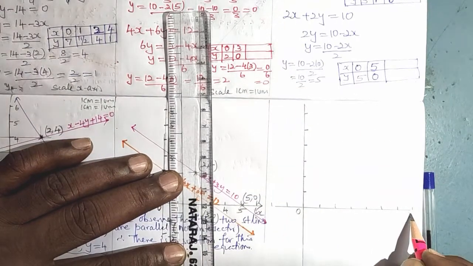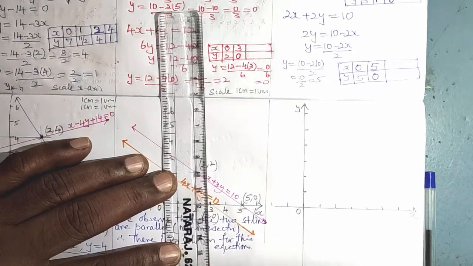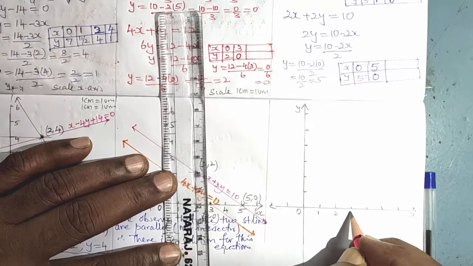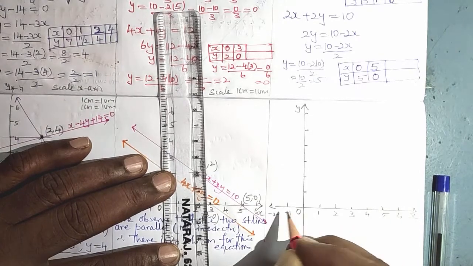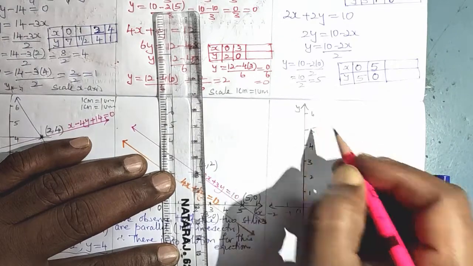This is the origin, the x-axis and the y-axis. Always put an arrow mark on either side. This is the negative x-axis. This is 1, 2, 3, 4, 5, 6. Minus 1, minus 2. 1, 2, 3, 4, 5, 6.